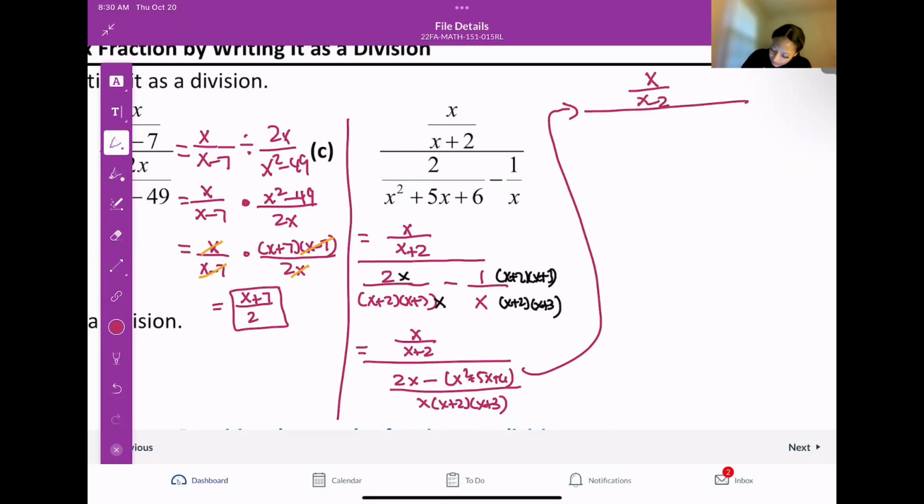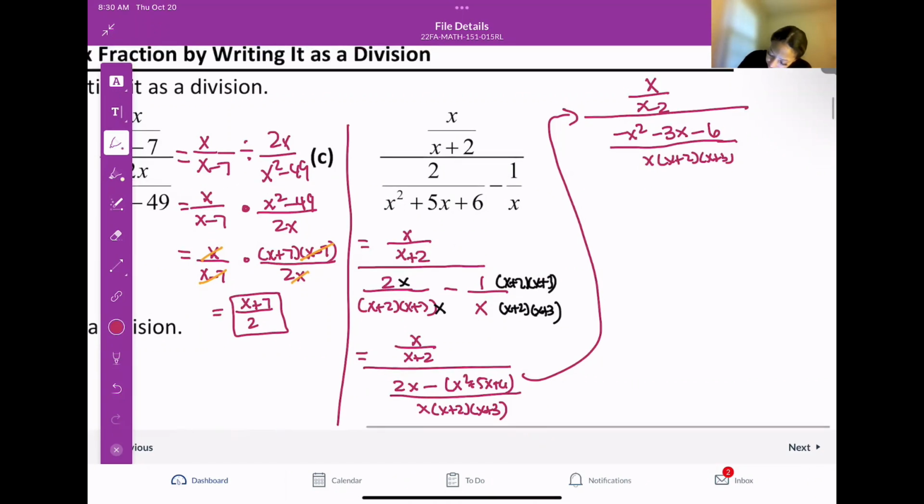And now in the denominator, if we simplify that numerator, we'll get a negative x squared minus 5x plus 2x would be minus 3x, and then minus 6. And that's all over x times x plus 2 times x plus 3. All right, all of these steps were just to simplify the denominator. Now that we've simplified the denominator, we can rewrite this a little bit.